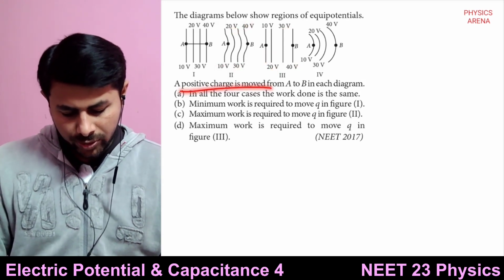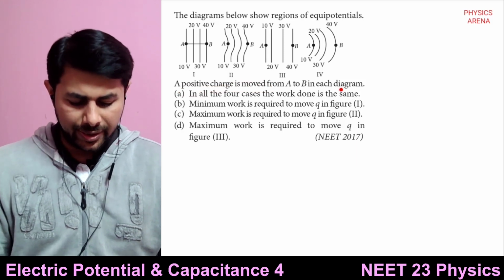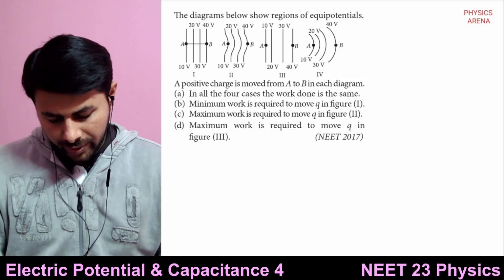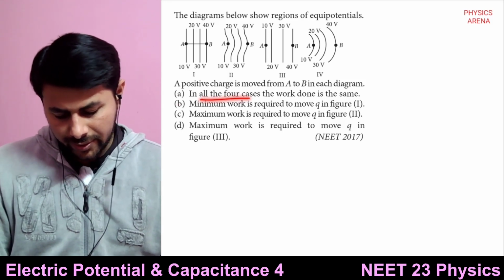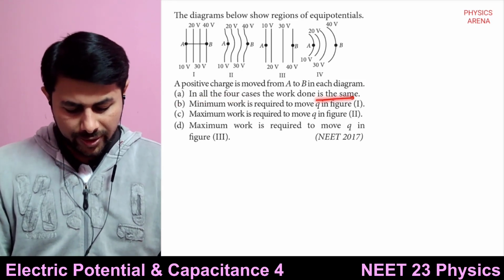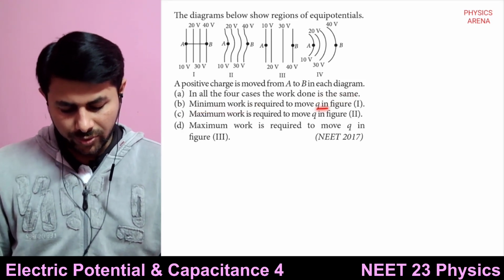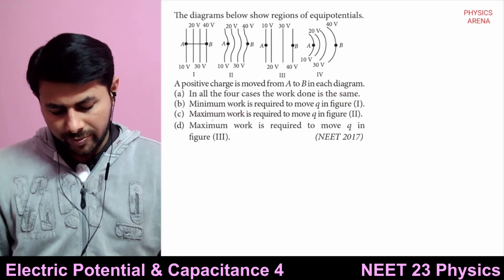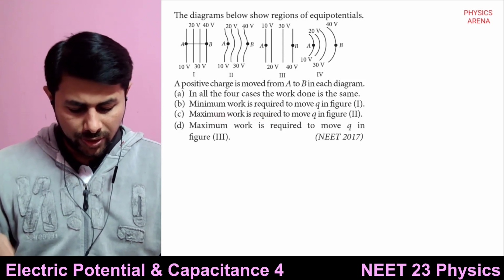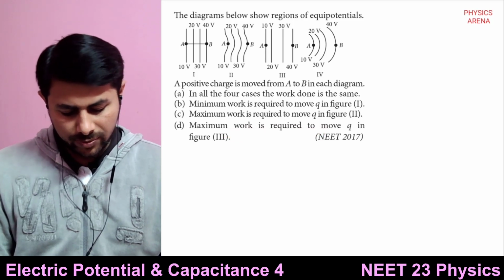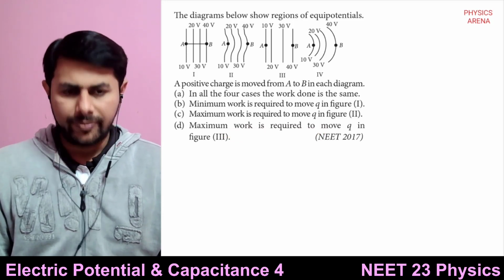A positive charge is moved from A to B in each diagram. Option A, in all four cases the work done is the same. Option B, minimum work is required to move Q in figure 1. Option C, maximum work is required to move Q in figure 2. Option D, maximum work is required to move Q in figure 3.